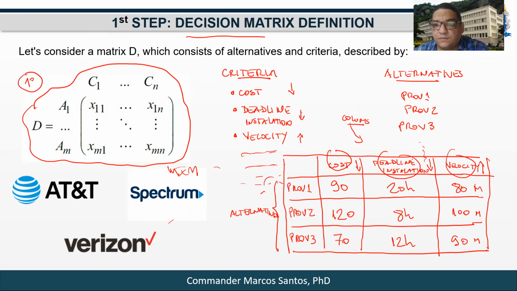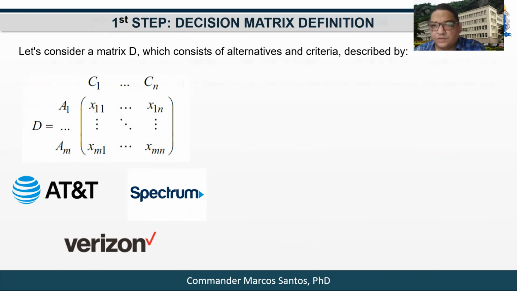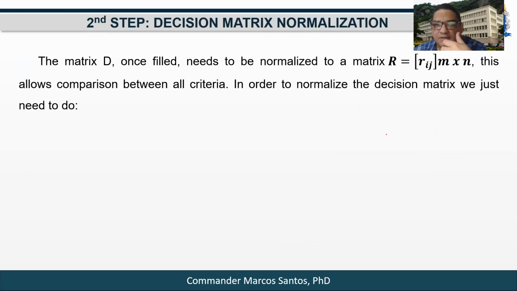It's impossible, because we have different units. That's why I need to normalize it. The matrix needs to be normalized, because all units will disappear.